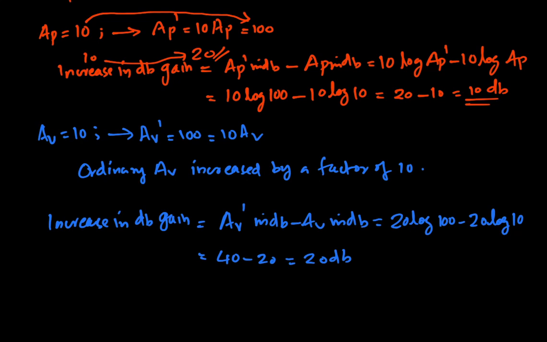So when the ordinary voltage gain is increased by a factor of 10, then the corresponding increase in decibel gain is only 20 decibel.